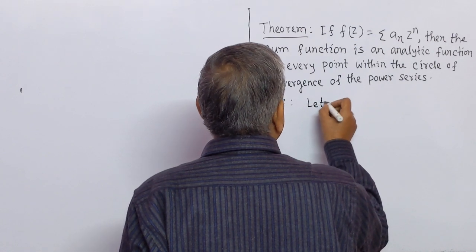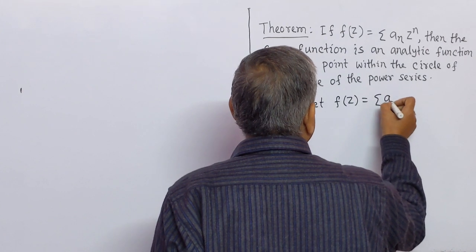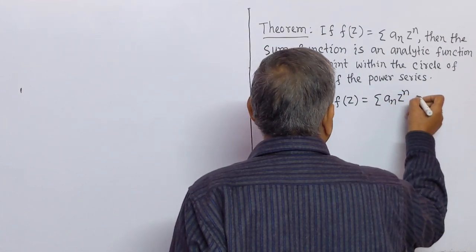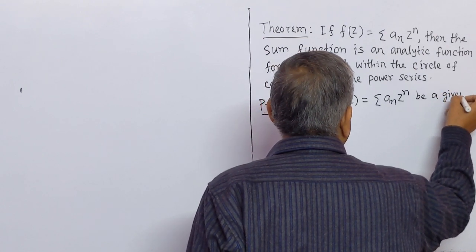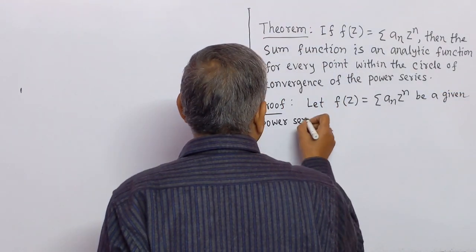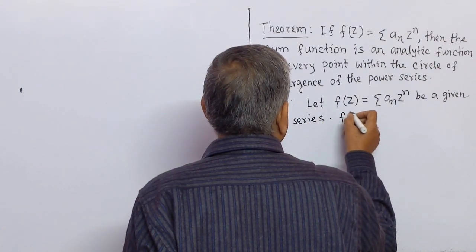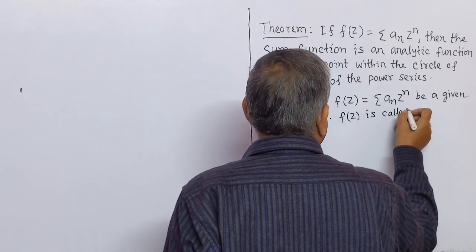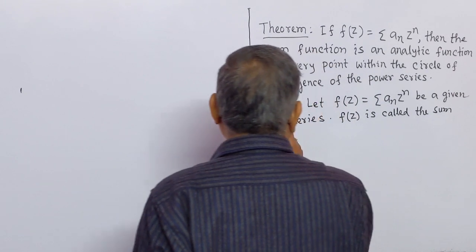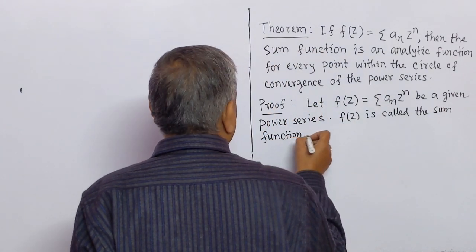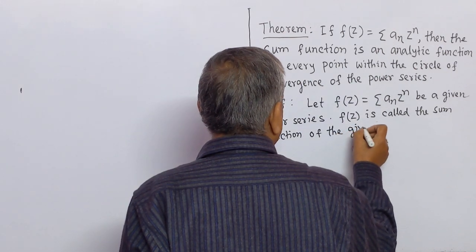Let f(z) = sigma a_n z^n be a given power series. f(z) is called the sum function of the given power series.